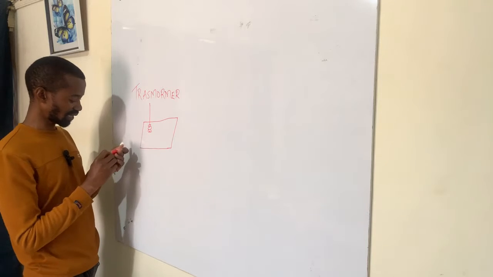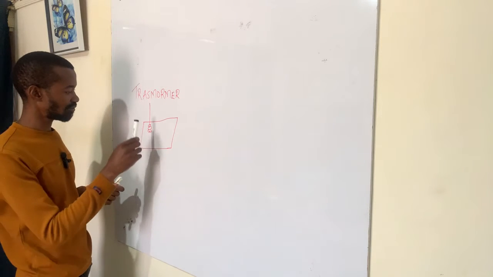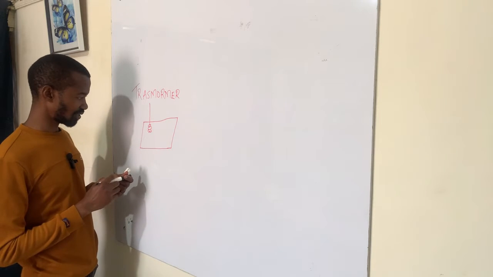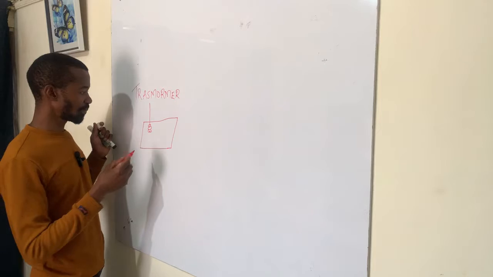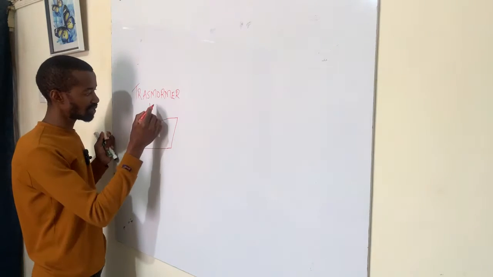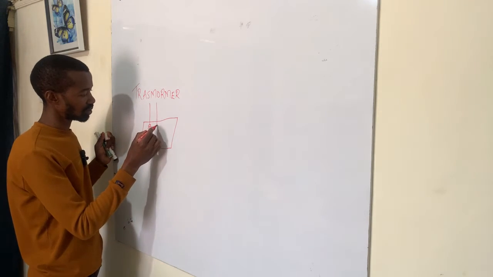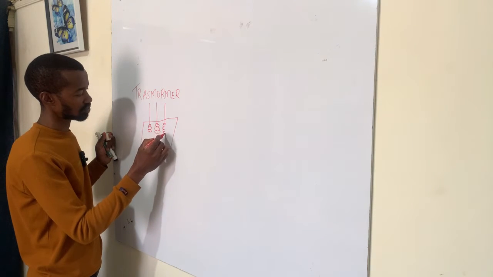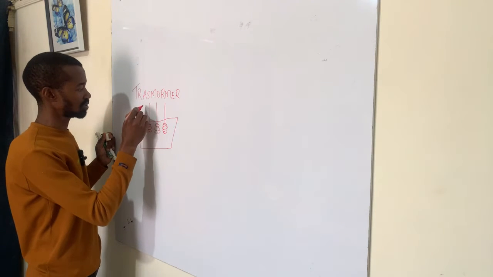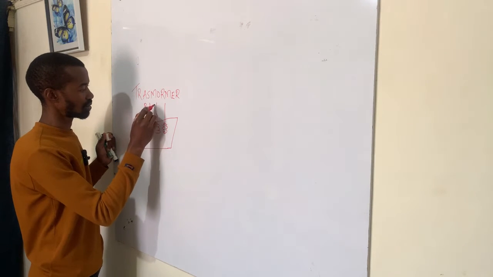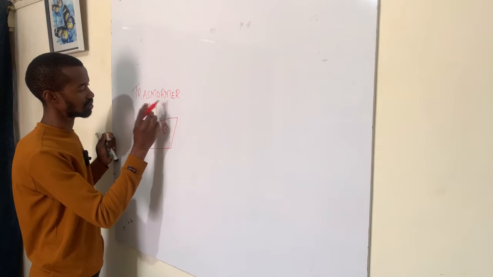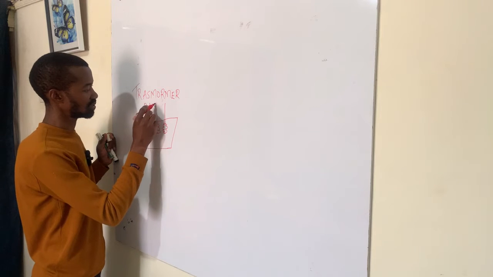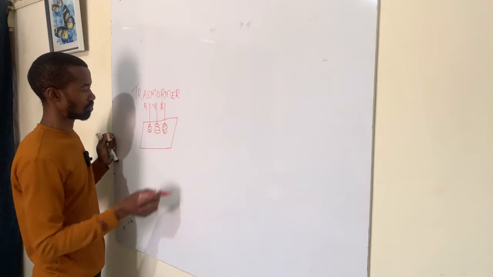If we are starting with the red phase, and then we have the yellow phase, and then we have the blue phase. So allow me to simply use the red marking here. So this is red, this is blue, sorry, I just made a mistake. This is red, this is yellow, and this is blue.